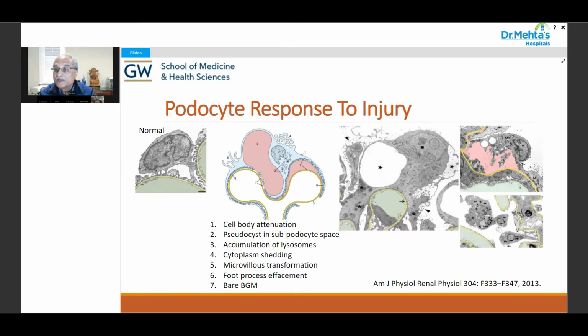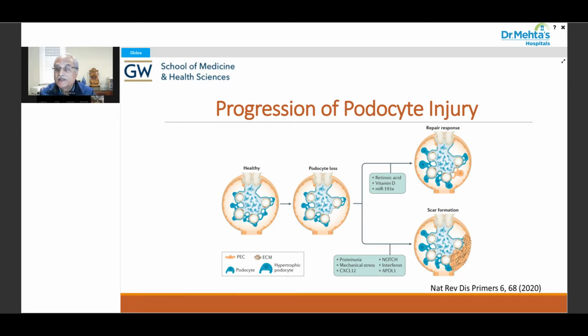And eventually, these podocytes detach themselves, fall into the urinary space, and are excreted. The outcome of injury is very dependent on what happens next. You can either have recovery or you will go through sclerosis. The recovery process begins by these parietal cells coming into place.